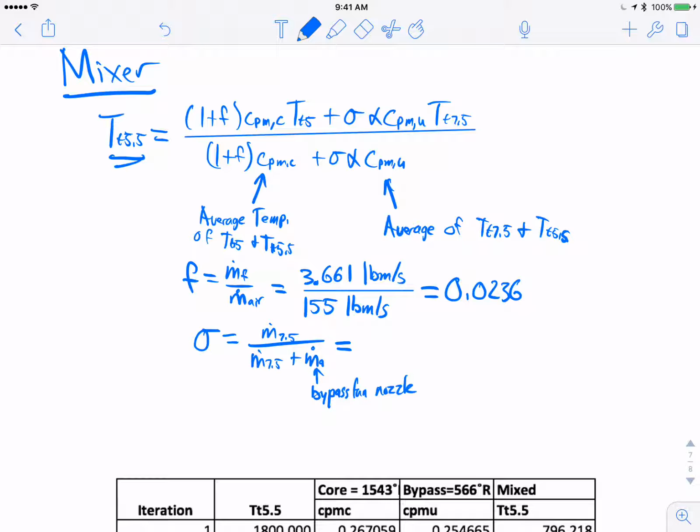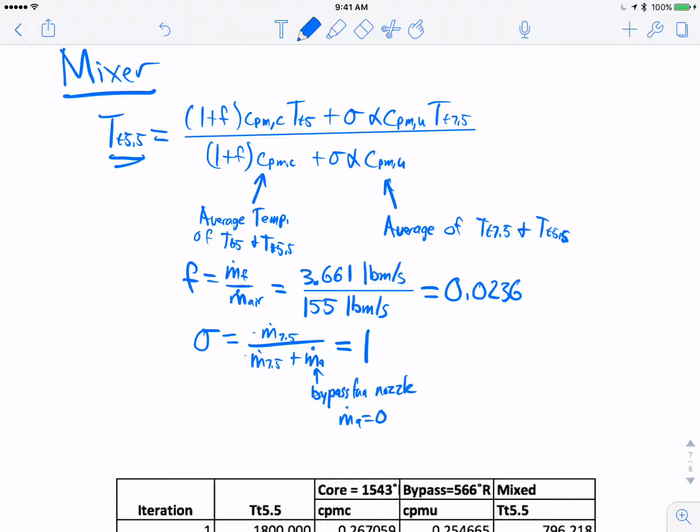So if we had an exhausted fan, there would be a mass flow there. In this case, since we have a fully mixed turbofan, that m dot 9 is going to be equal to 0, and we're left with just the mass flow rate through the bypass duct over the same value, so we're going to have a split ratio of 1.